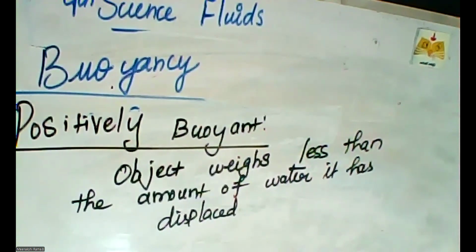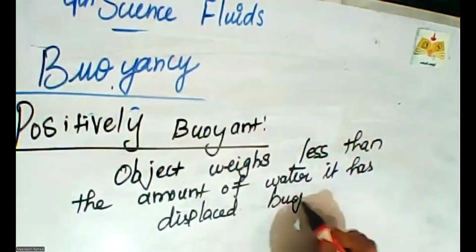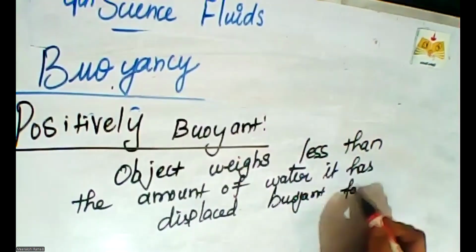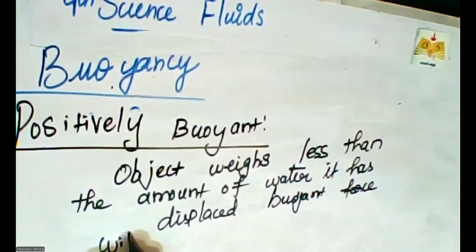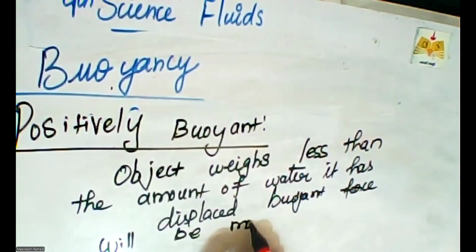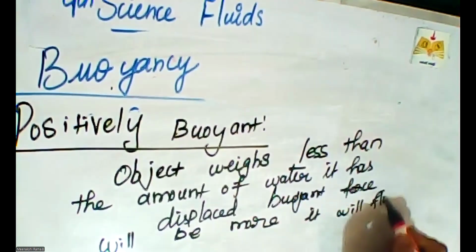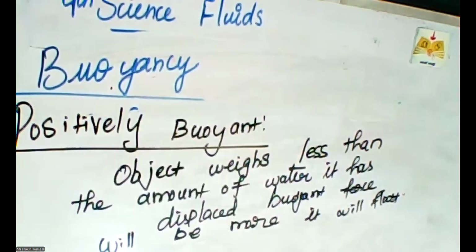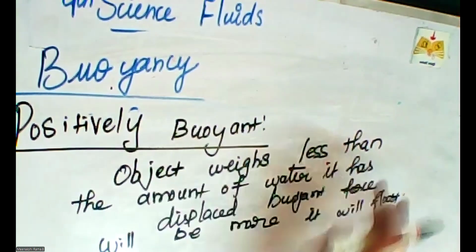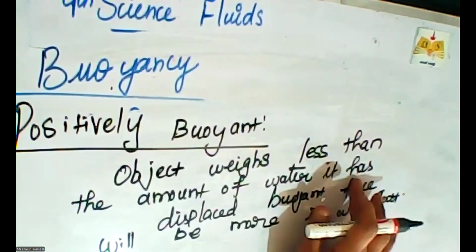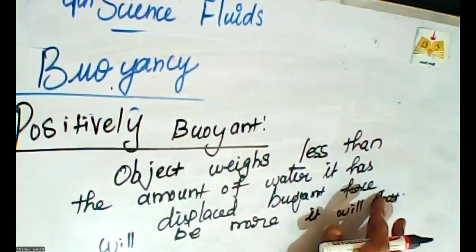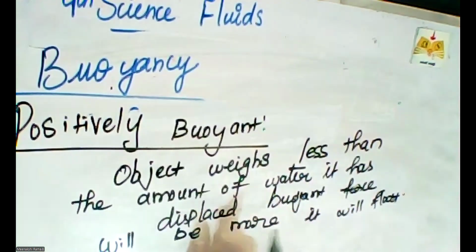So the buoyant force will be more, and it will float. The object weighs less than the amount of water it has displaced, so the buoyant force will be more and it will float.